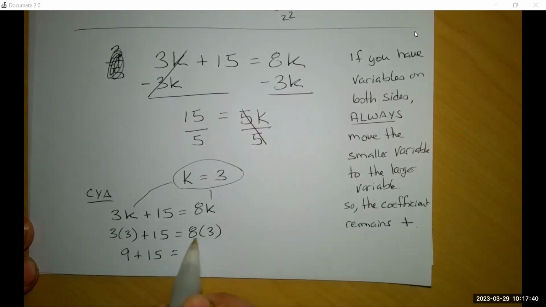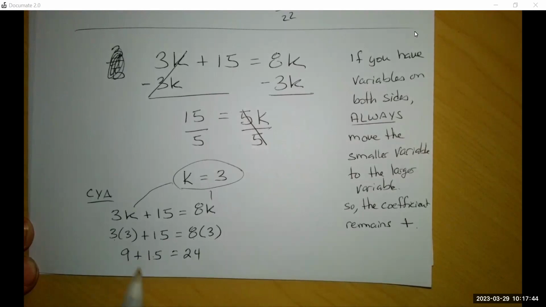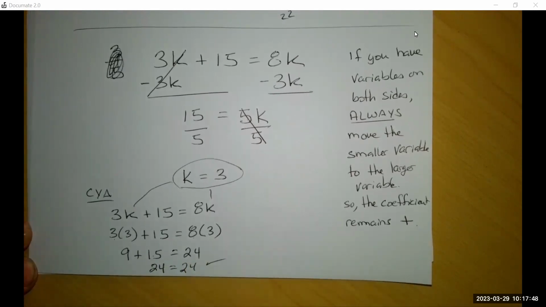Plus 15. 8 times 3 is 24. 15 plus 9 is 24. So that means this is your answer. Makes sense? Does it look pretty easy?